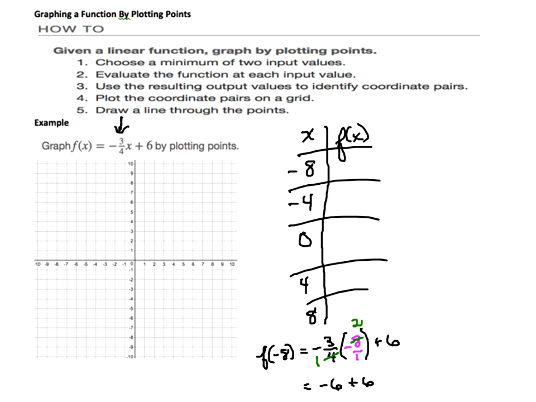So negative 3 times 2 is negative 6. Plus 6 is 0. So that's 0. All right, so I'm going to do the rest of them in my head. Negative 3/4 times negative 4. Ooh, no, I'm sorry. Go back to this one. That's a negative times a negative. So that's positive 6, which gives me 12. Sorry about that.